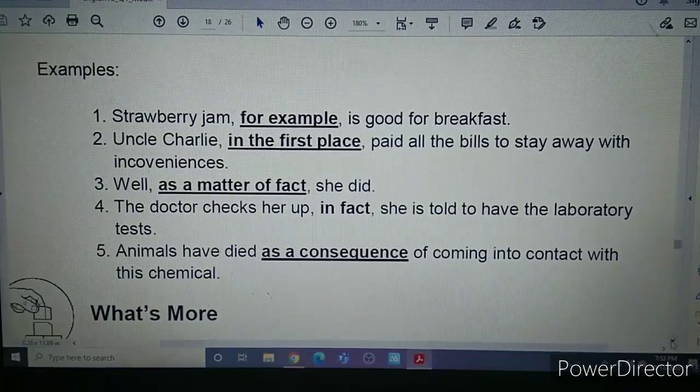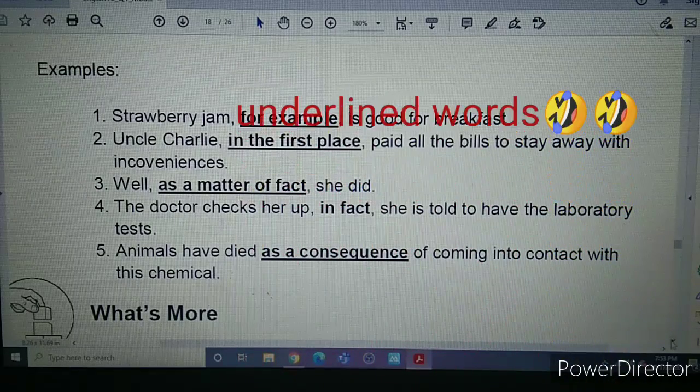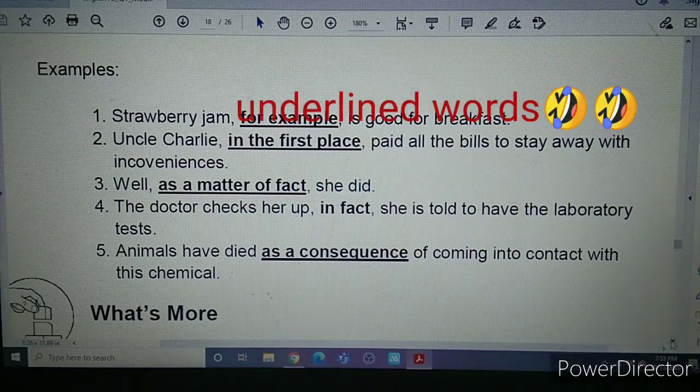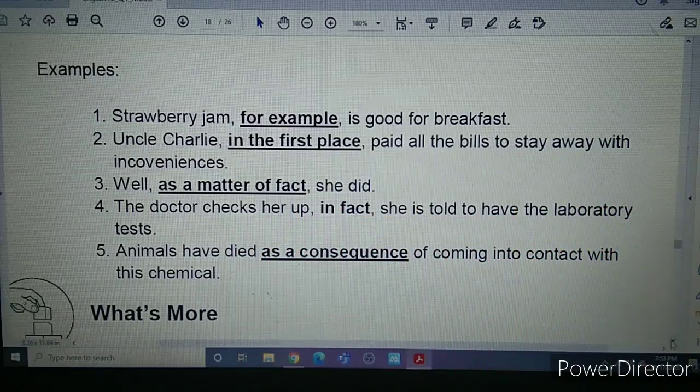So we have 5 examples, and all of the underlined words are examples of parenthetical expressions. Number 1, strawberry jam, for example, is good for breakfast. Number 2, Uncle Charlie, in the first place, paid all the bills to stay away from inconveniences.